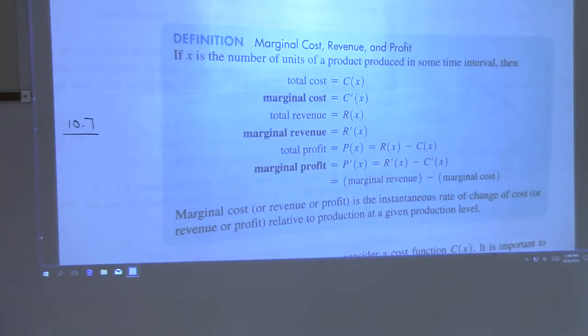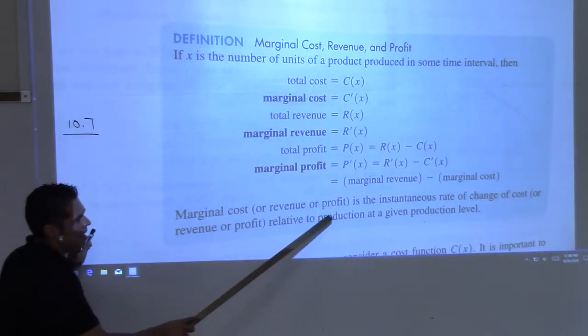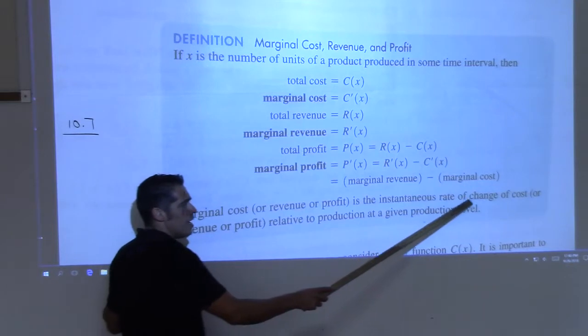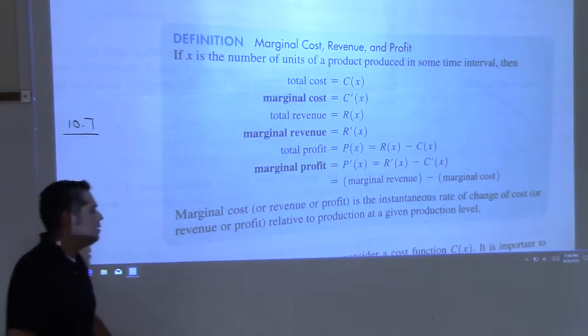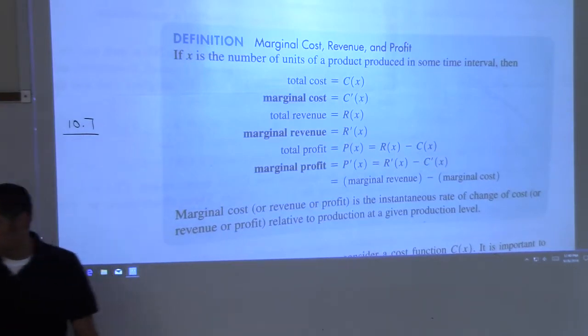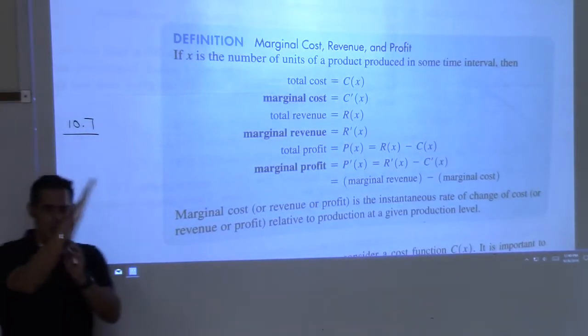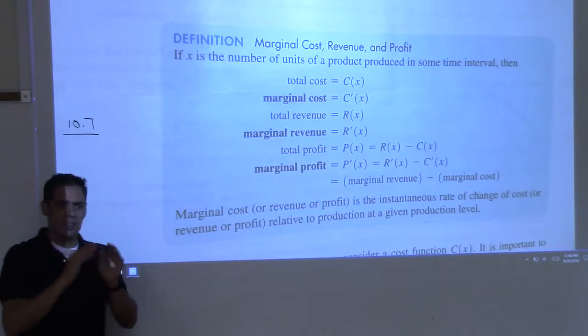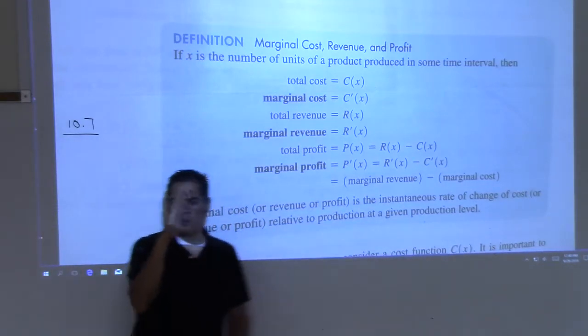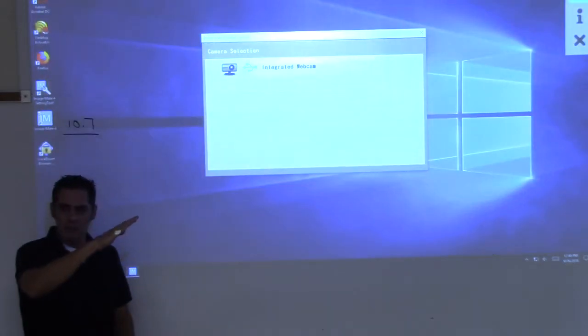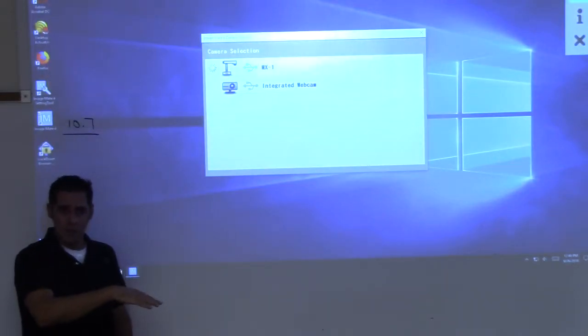Now, it also says here, marginal cost or revenue or profit is the instantaneous rate of change of cost or revenue or profit relative to production at a given production level. So remember the tangent line, the slope of the tangent line tells you at exactly one instant the instantaneous rate of change of the function. So how fast it's going up or down, all right, at a certain moment.